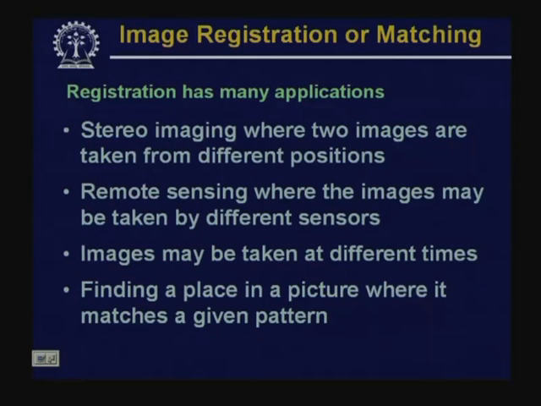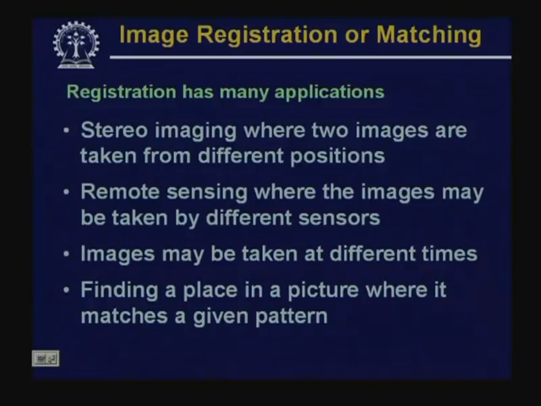There are other applications, like finding a place in a picture where it matches a given pattern. Here we have a small image, known as a pattern or a template, and we want to find out, in another image which is usually of bigger size, where this template matches the best.